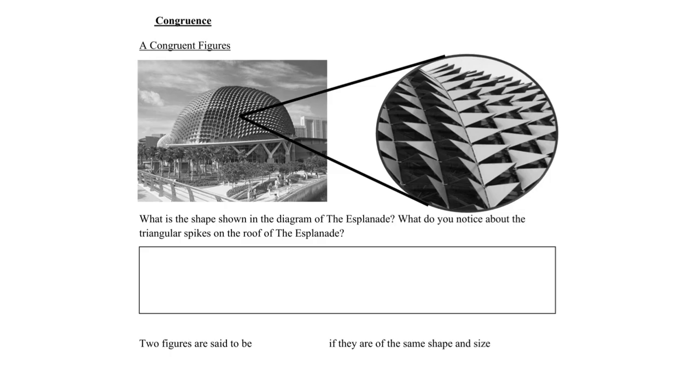Yep, they are triangle in shape and they are all of the same shape and size. Okay? So to put it simply, the definition for congruent figures: two figures are said to be congruent if they are of the same shape and size. Okay?